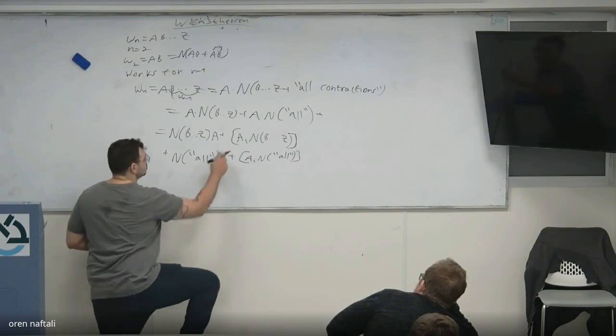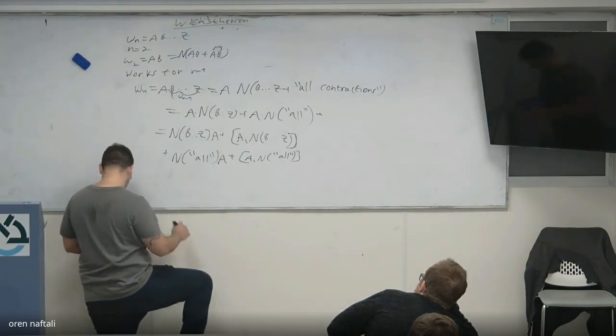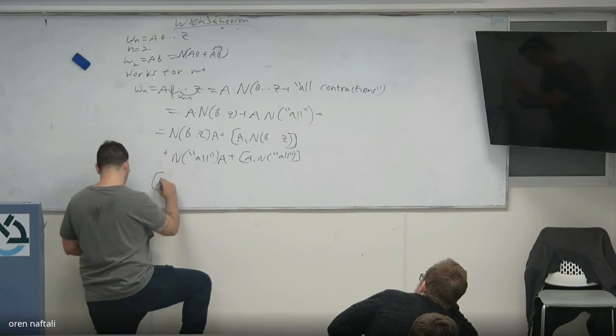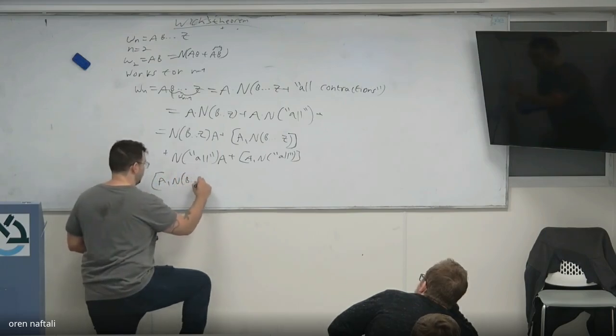So let's start here. This commutator. Commutator of A and B. Okay?